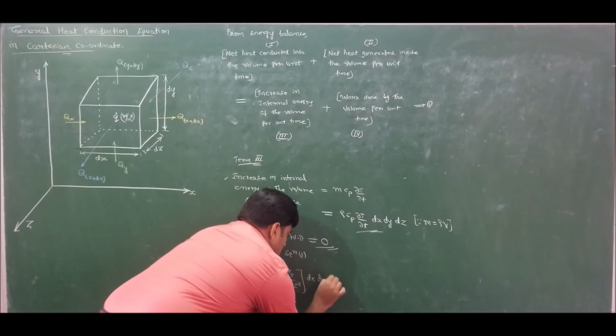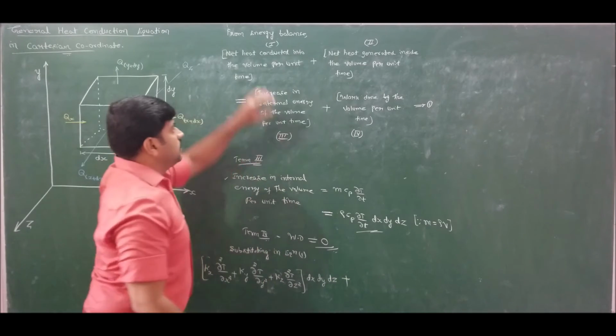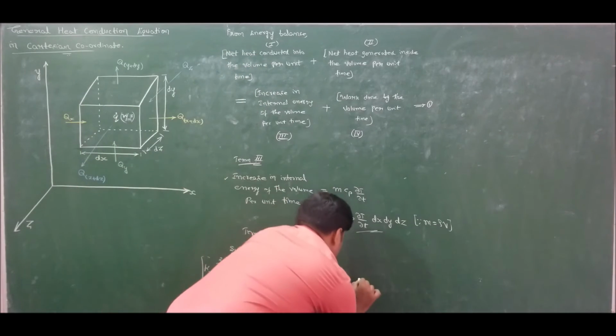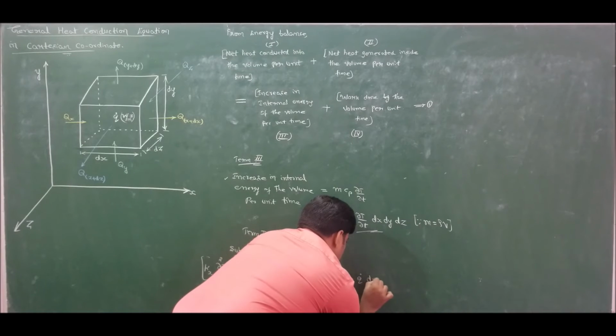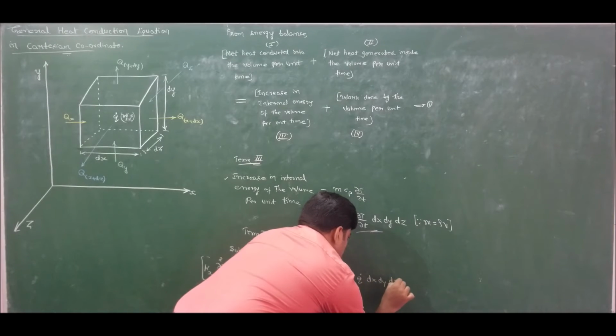Dx dy dz is the first term. Coming to the second term, we know that it is q dot times dx dy dz.